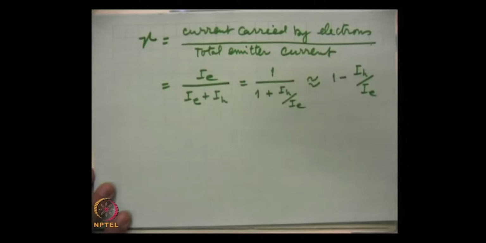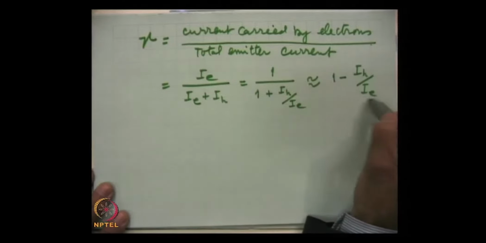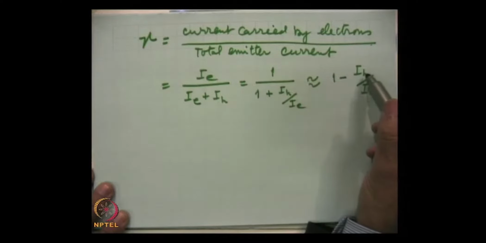So, obviously, this factor Ih by Ie, that means current carried by holes, should be less and current carried by electrons should be high. And how we achieve in practice that this whole current arises because of diffusion from base region.